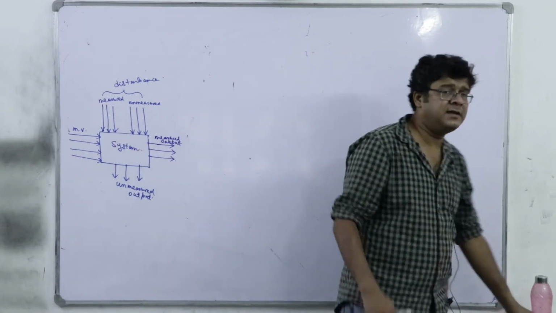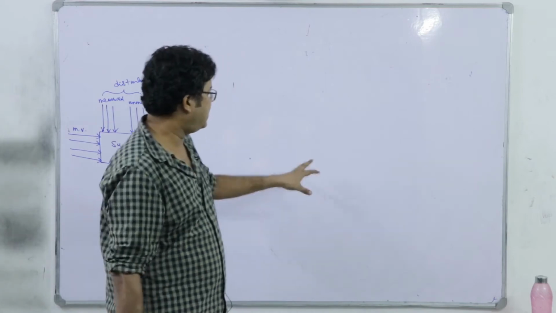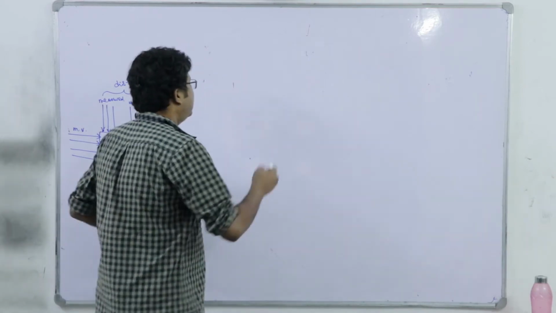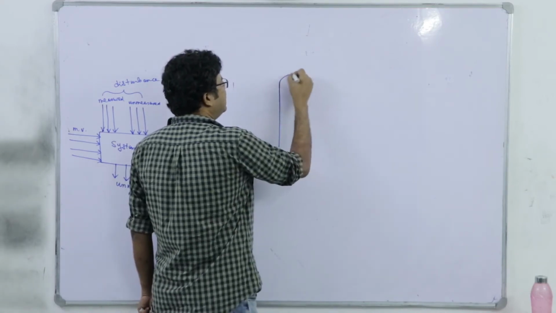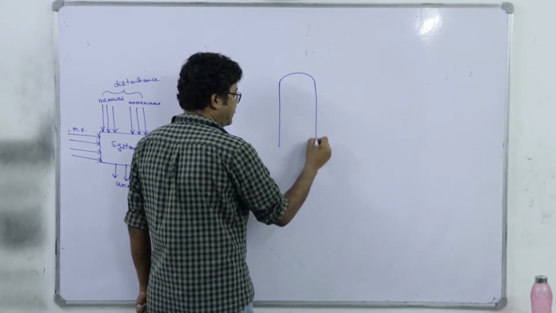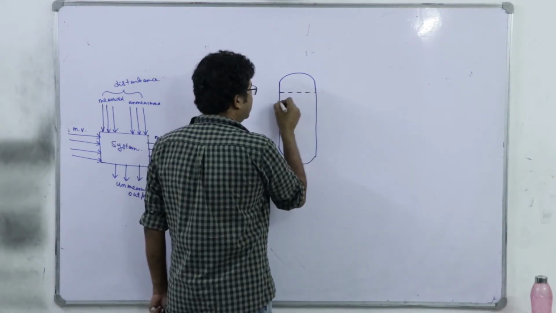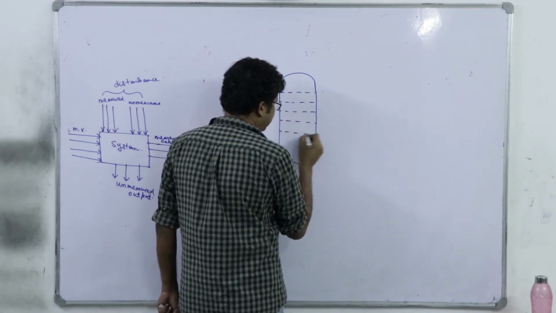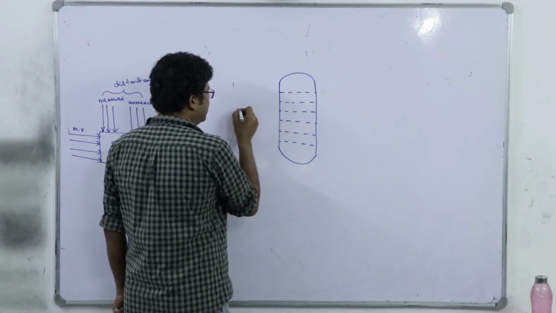So definitely the pentane rich stream, or the distillate, will be my top product, and the bottom product will be the hexane rich stream. First let me draw this, and next we will try to identify what are the inputs and outputs, then what are the manipulated variables and disturbances, and finally what are the measured inputs and measured outputs.